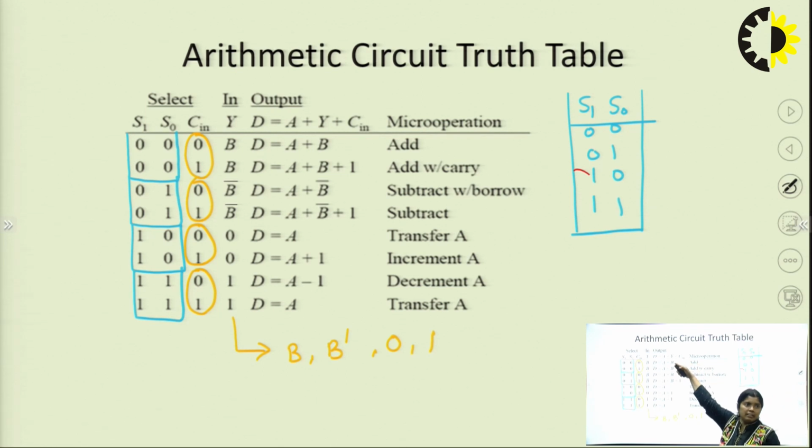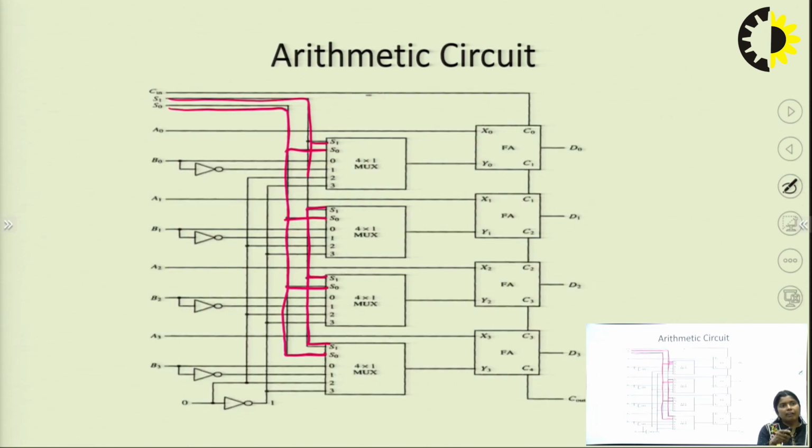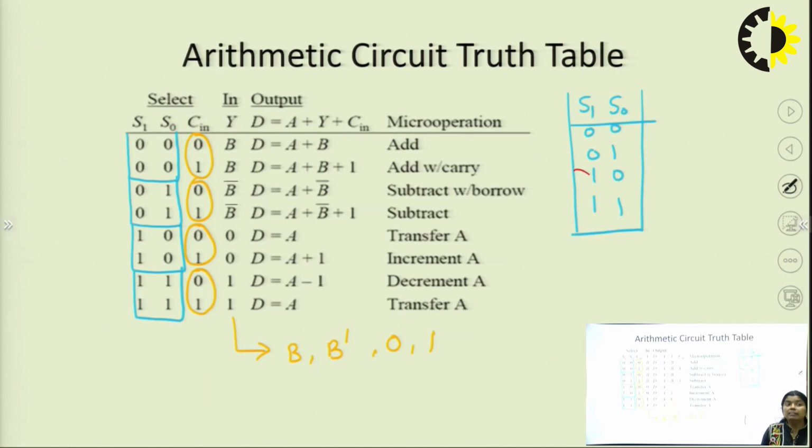You can see in this blue box, 00 is repeated, then 01, then 10 and then 11. So these values will be repeated. And now what is Y? Y is coming from the multiplexer output, and this multiplexer output is treated as the B value, and this B value is used as B, B complement, 0 or 1.